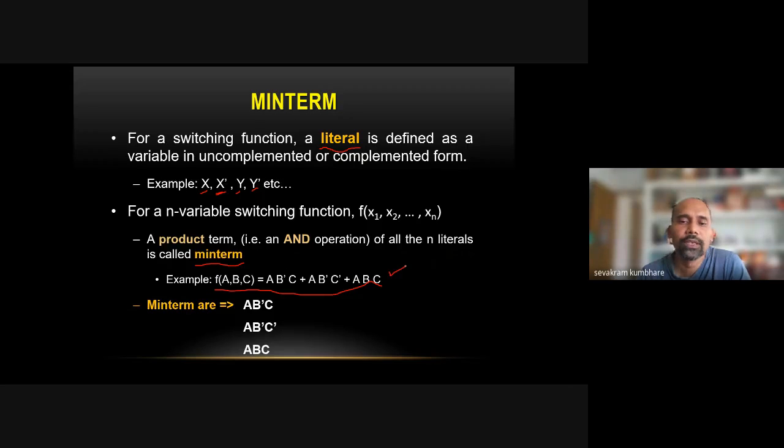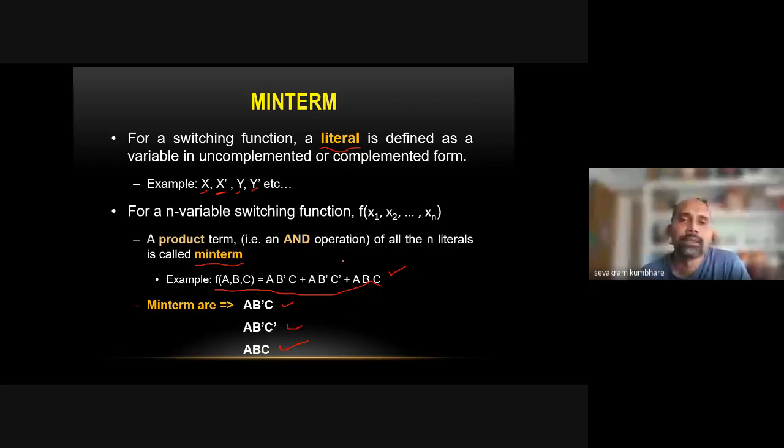Suppose we have this switching function f of a, b, c, that is a function of a, b and c variables, equal to a b bar c plus a b bar c bar plus a b c. In this function, we have three different minterms, and those are a b bar c, a b bar c bar, and a b c. So minterms are nothing but product terms. This you have to keep in mind. Product term of literals in the function.